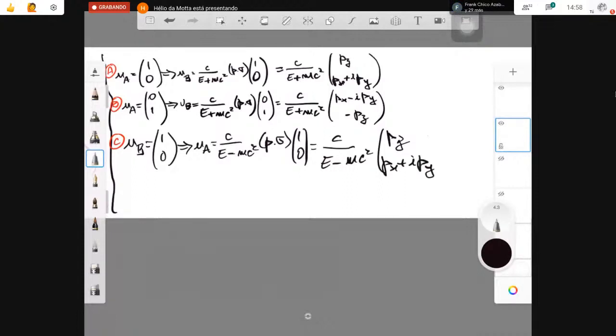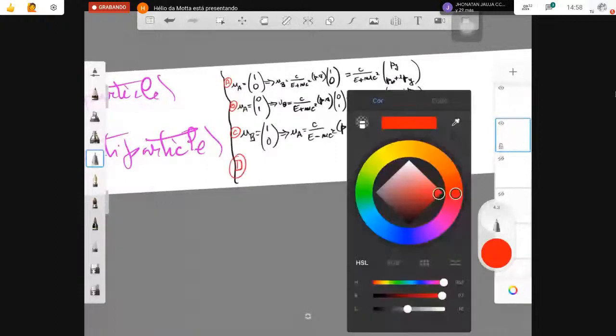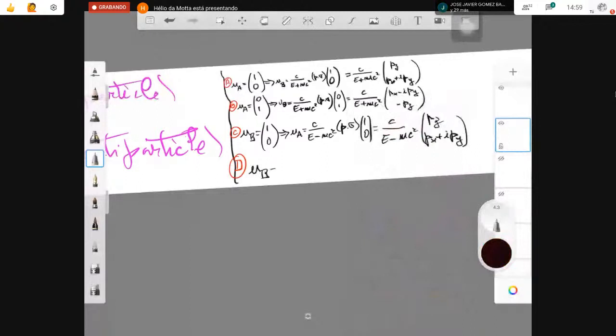And finally, zero, 1, c(E minus mc²), p_sigma, 0, 1.